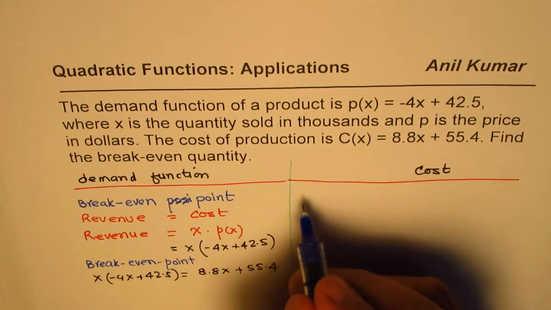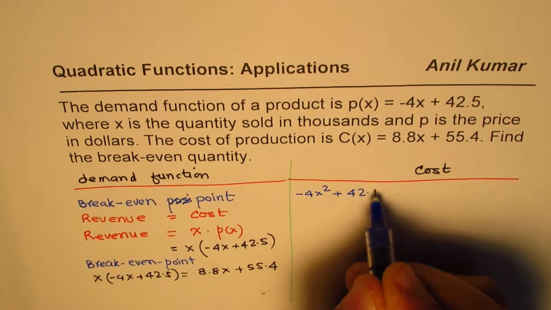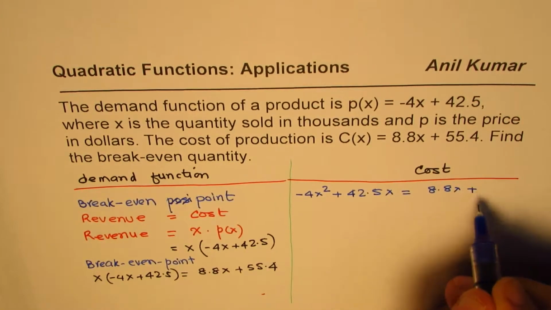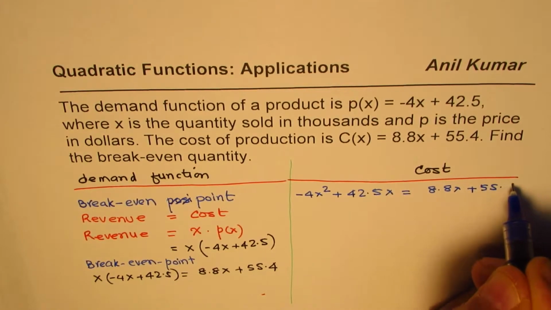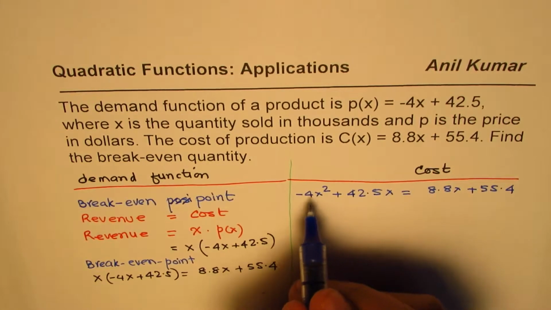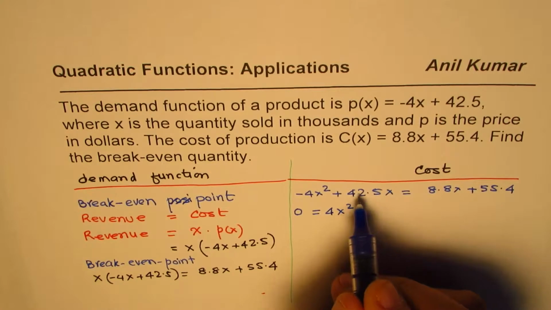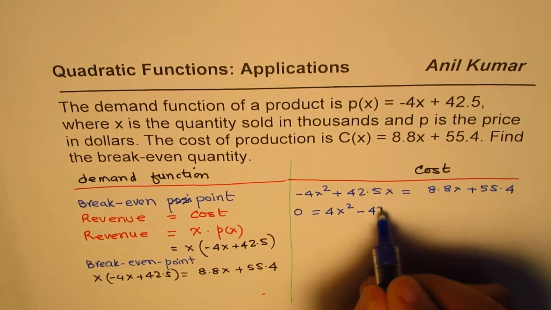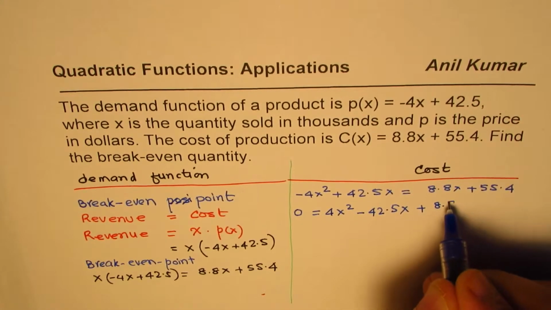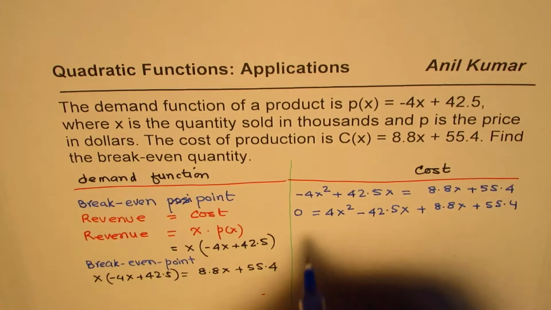Let me expand this. We have minus 4x squared plus 42.5x equal to 8.8x plus 55.4. Let's bring all the terms to one side. Keeping the x squared term positive is important, so we'll take this to the right side. So we have 4x squared, taking this to the right is minus 42.5x, here we have plus 8.8x, and we have plus 55.4, right?